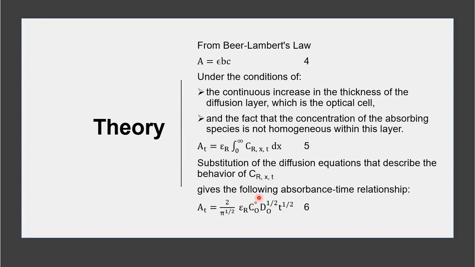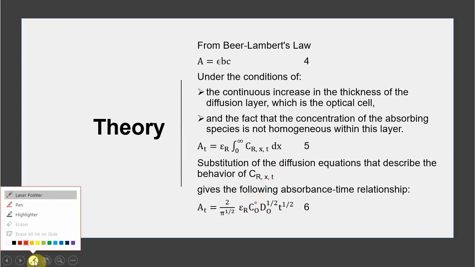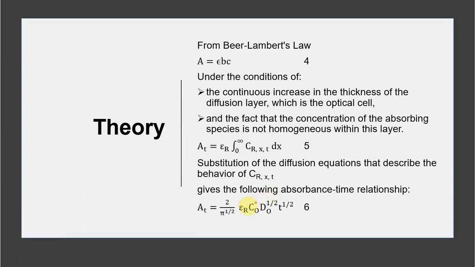One is this parameter over here, and this gives us the molar concentration of the oxidized species, because as I said earlier, when the concentration of reduced species is known, it can be written in the form of oxidized species, because the formation of reduced species gives us an idea about how much of the oxidized species have been converted.